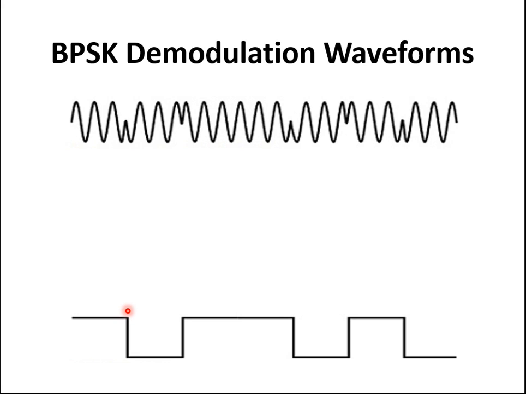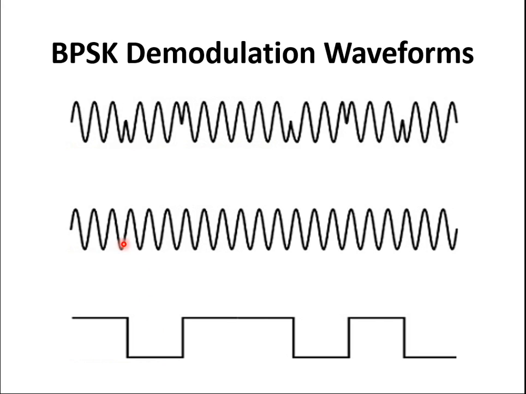It's simply a reverse process of what we have done in the previous case. What exactly is the reverse process I am supposed to consider? No doubt I'll be comparing the modulated signal with a carrier. If they are in phase, I'll get a logic 1. If they are out of phase, I will get a 0. Let us observe that. Now you compare it. Up to here, are these two signals the same?